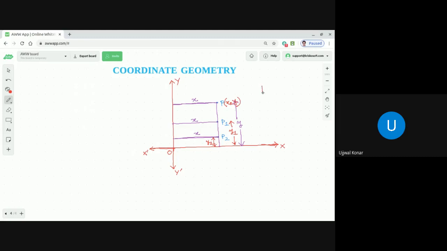So what is the coordinate of the point P? It is called x comma y. In the same manner, for the point P1, the coordinates could be x comma y1. The coordinate of the point P2 should be x comma y2. I hope all of you agree with me, dear students.